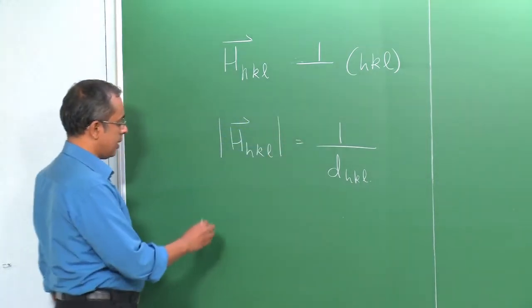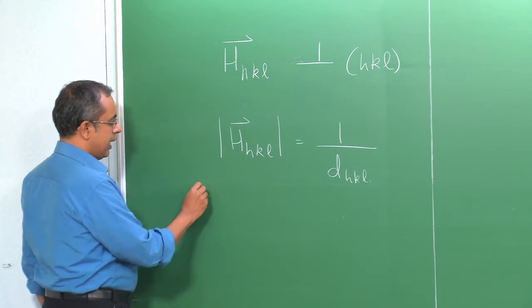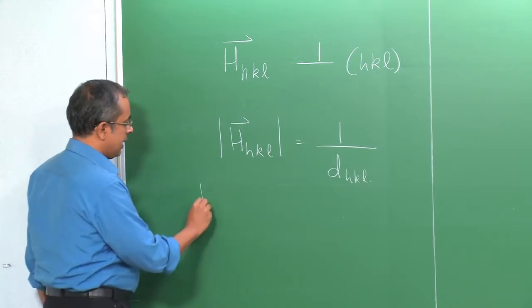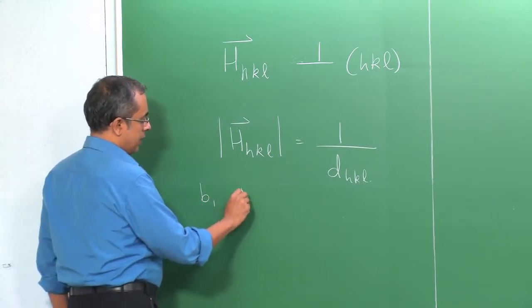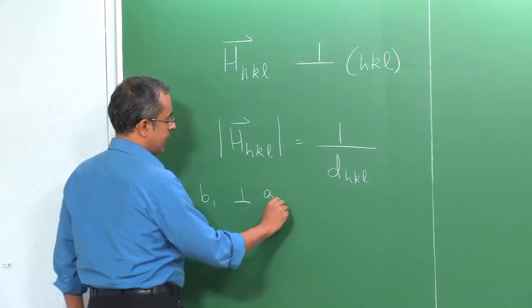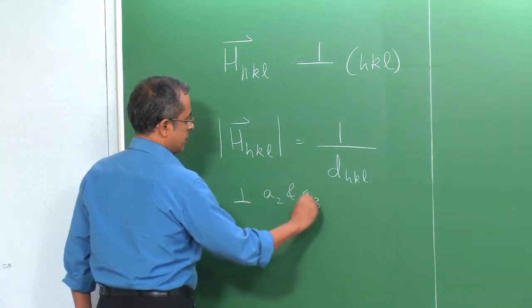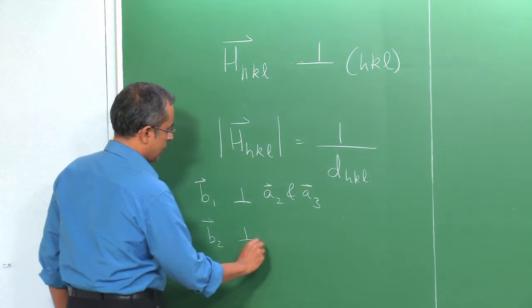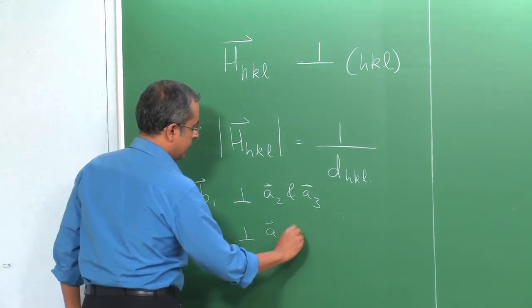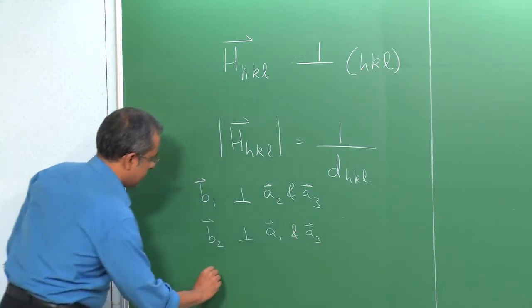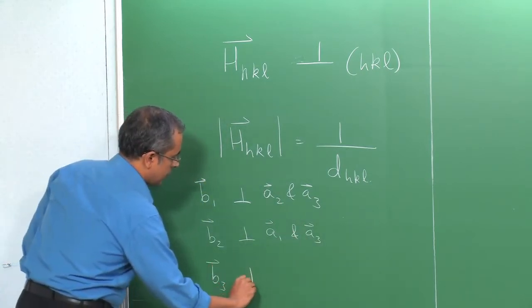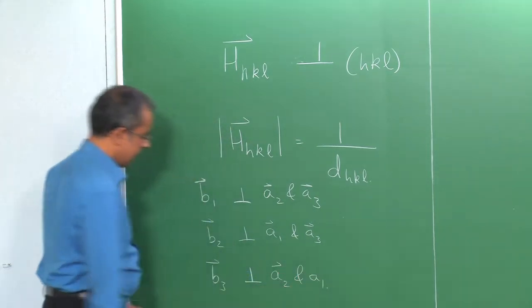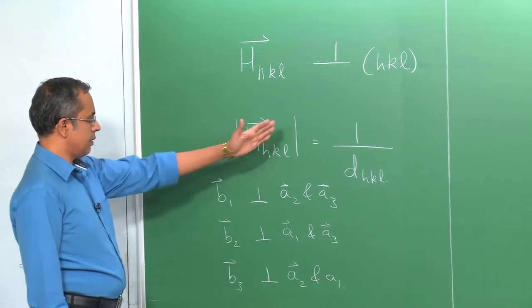Therefore, if we have A1, A2 and A3 as the real lattice vectors and B1, B2, B3 as the reciprocal lattice vectors, we had B1 is perpendicular to A2 and A3, and similarly B2 is perpendicular to A1 and A3, and B3 is perpendicular to A2 and A1, right. So, this is how you would get these things based on these relationships.